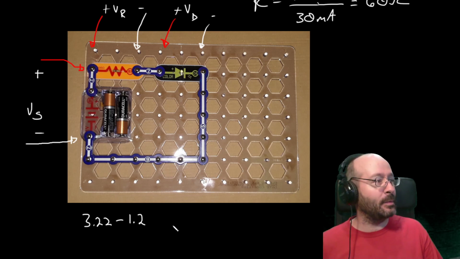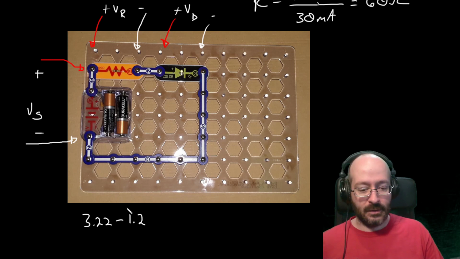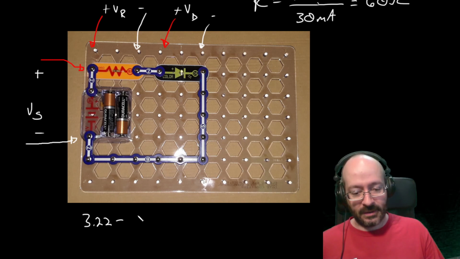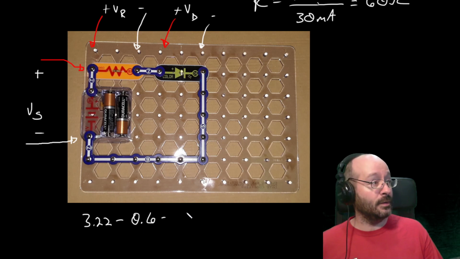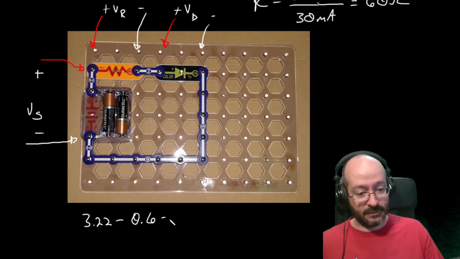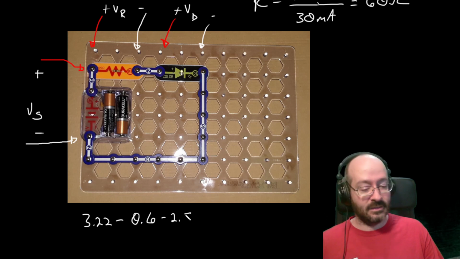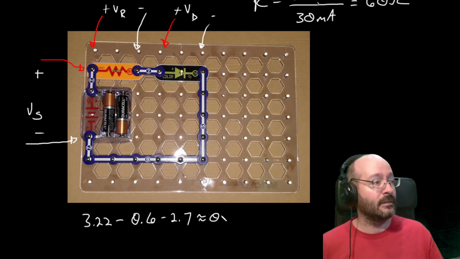Okay, so minus 1.2, but they're bouncing around, so I got to pick my numbers correctly here. Let me grab your 0.6, because I think that corresponds to the value when you have 2.7, and that should be approximately equal to 0.